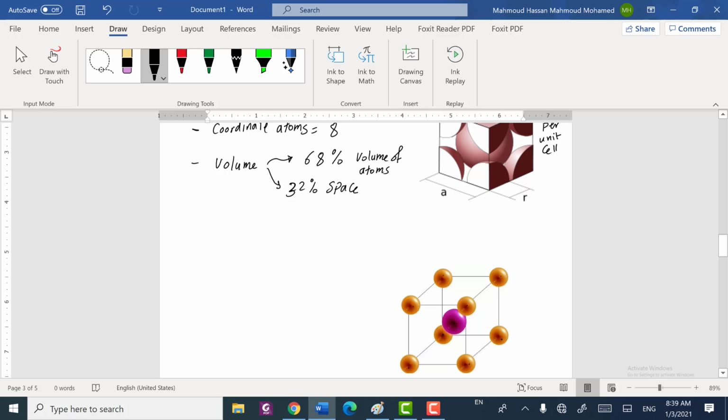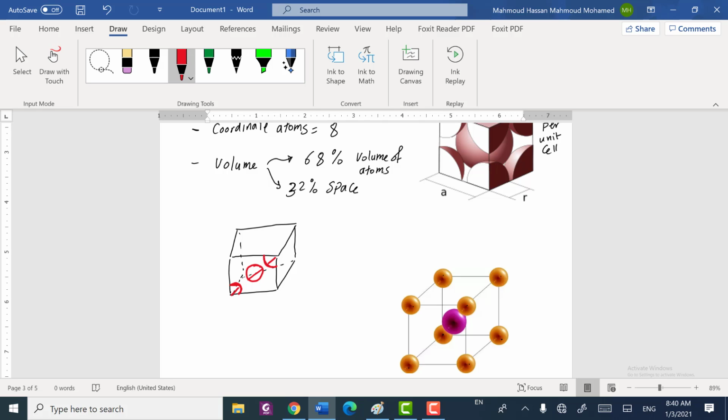If we draw the cube for these atoms, we will find that on this side, the complete atom, and on this side, each side is represented by R, but this atom in the center is completely represented by its diameter.